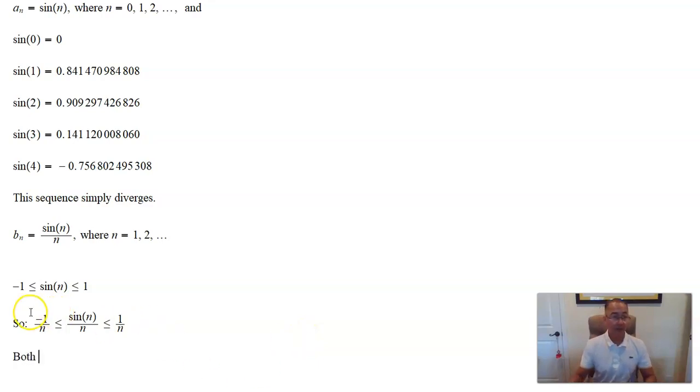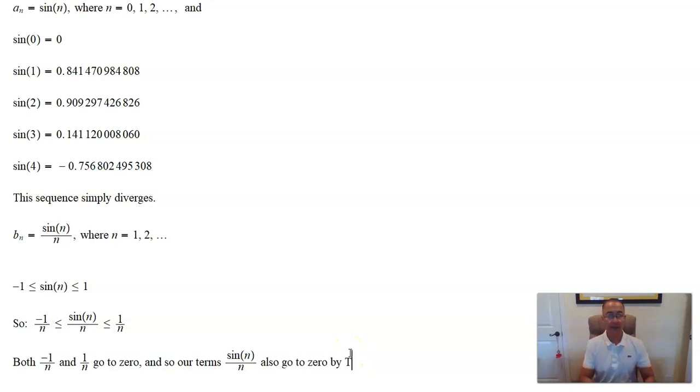Both -1 over n and +1 over n go to 0. And so our terms sine n over n also go to 0 by the squeeze theorem. Okay, so that's the second time that we are using the squeeze theorem in this video.